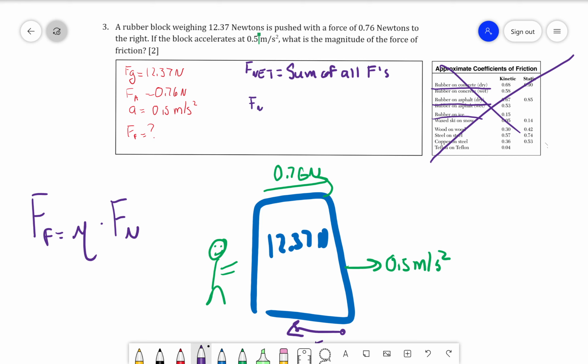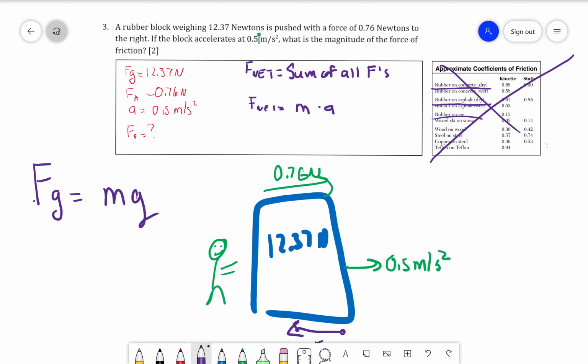F net equals mass times acceleration. Another problem, they didn't give us a mass. That's okay. They gave us a gravitational force. F_g equals m g. Gravitational force equals mass times gravity.